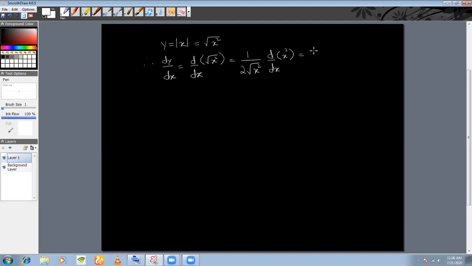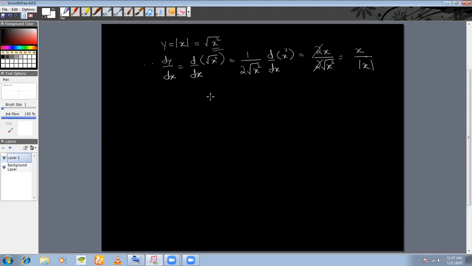So what you basically get is 2x by 2 root x square, isn't it? So 2 and 2 cancel. So you get x by root x square simply. But what is root x square? Root x square is mod x, isn't it? So this is how you differentiate mod x.